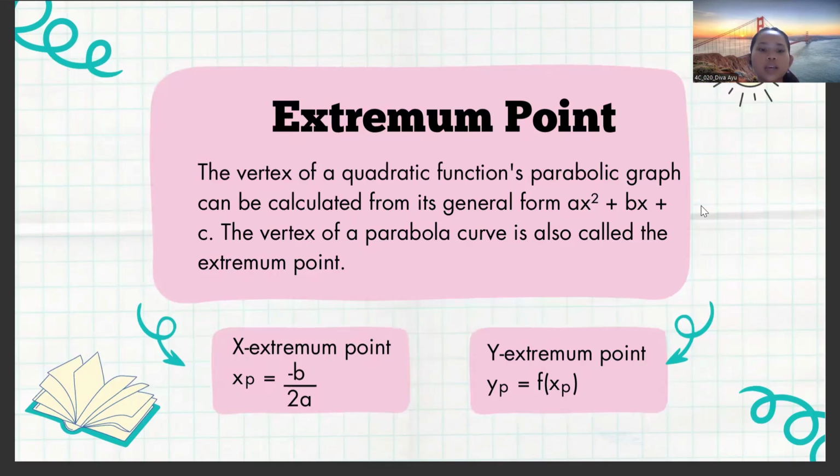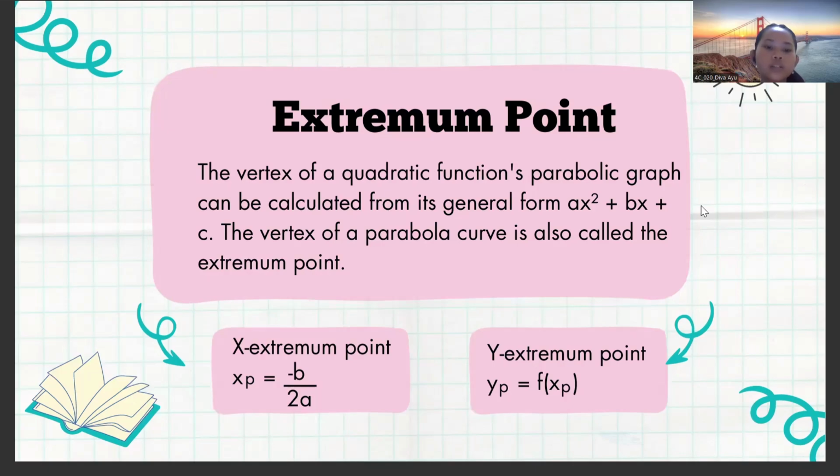Okay, next is extremum point. Now let's learn about extremum point, also called the vertex of the parabola. The vertex is the highest point of the graph if the parabola opens downward. It is the lowest point if the parabola opens upward.